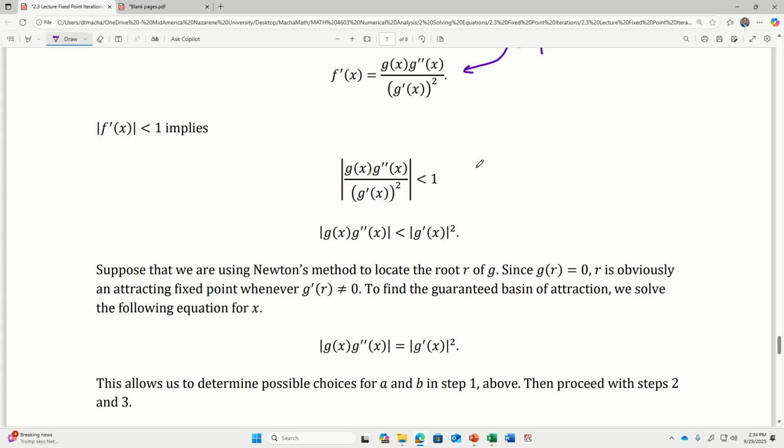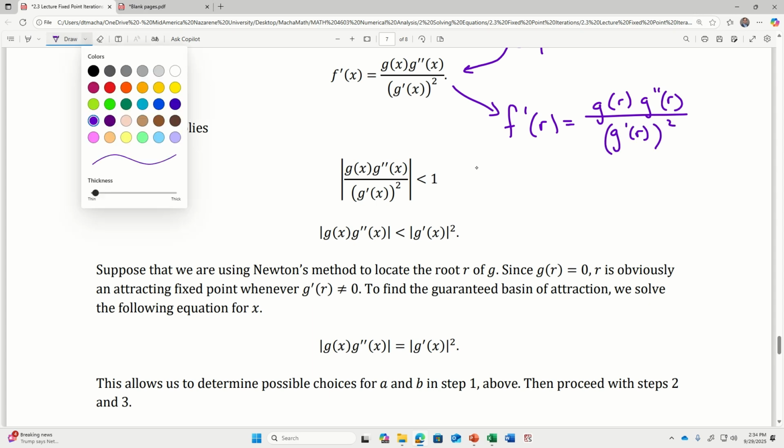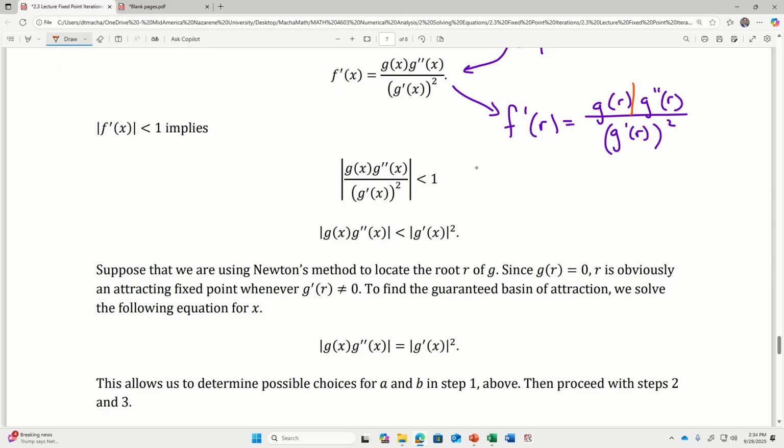If you're using Newton's method to locate a root of g, then let me say this. If I want to know what is f prime at the root, this is 0, right?